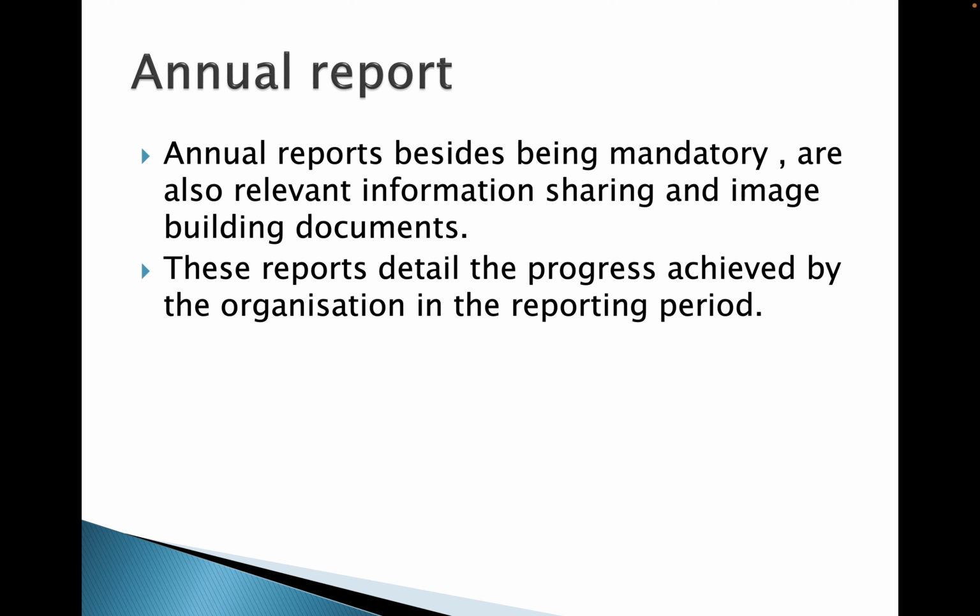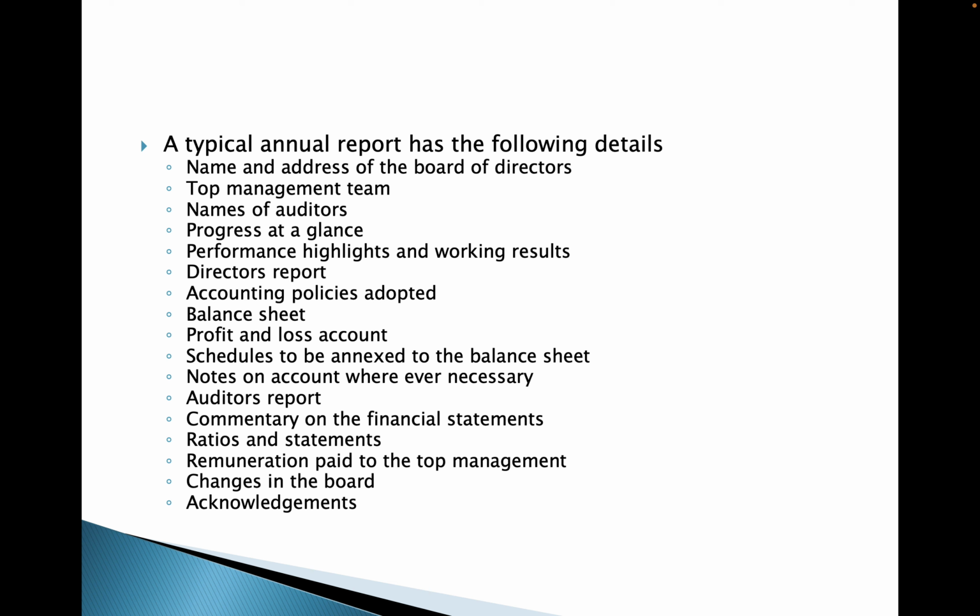And finally, you have the annual report. Annual reports, besides being mandatory, are also relevant information sharing and image building documents. These reports detail the progress achieved by the organization in the reporting period. Okay?